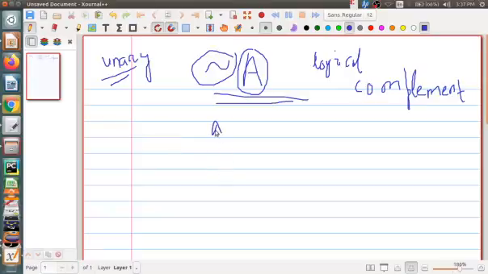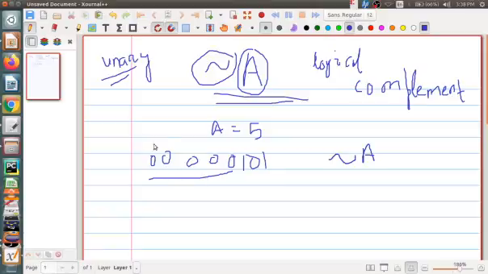A value is 5, so 5 can be represented as 1, 0, 1, and all the other bits are 0. Whenever I apply this operator, it will invert every bit to the other bit. If it is 0, then it will be 1.